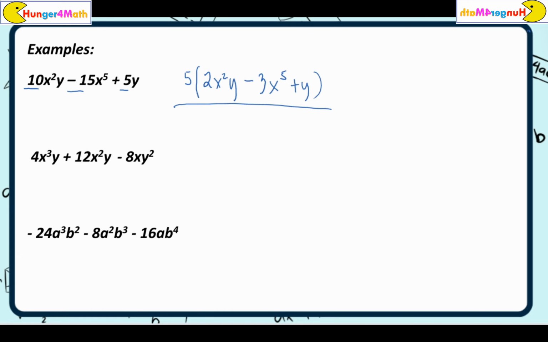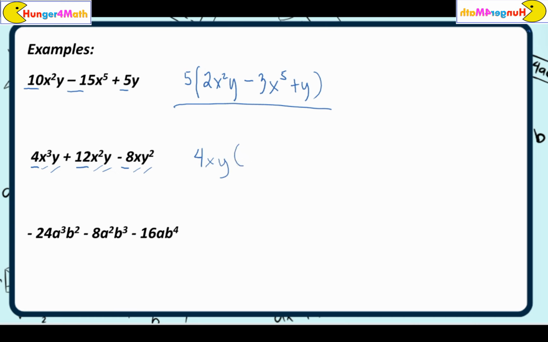Next, let's get the GCF of 4, 12, and negative 8, and that is 4. Now let's check the variable x. We have x cubed, x squared, and x, so we have to get the variable with the lowest power, and that is x. Then we have y and y squared, so we're going to get y.